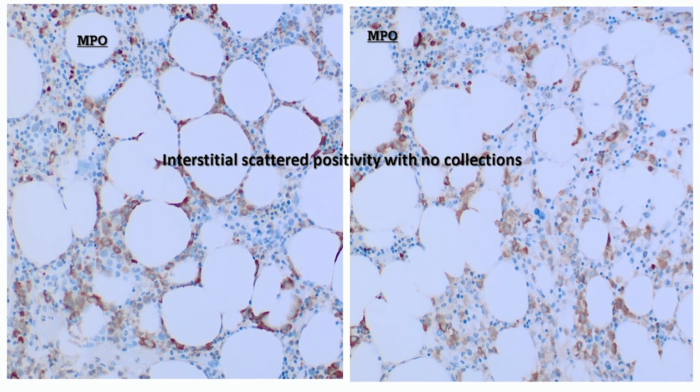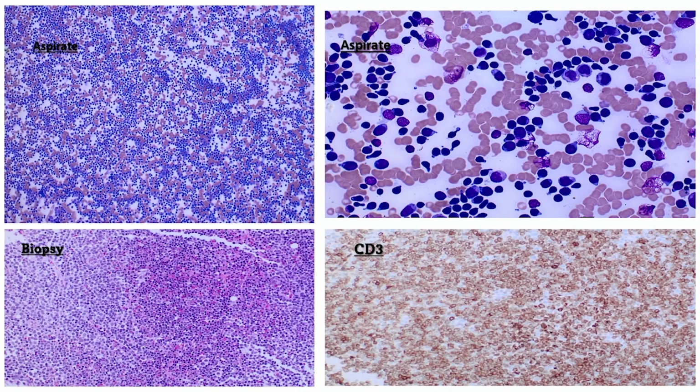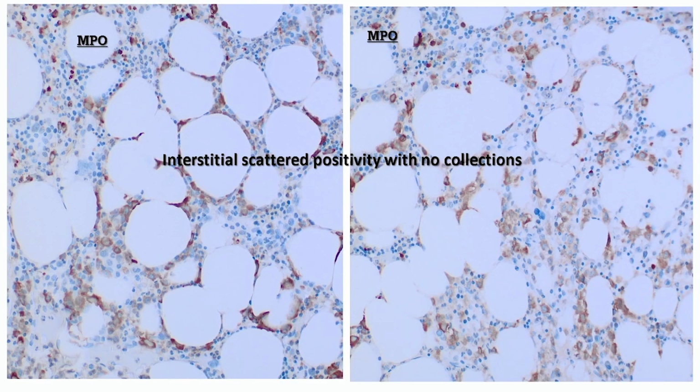So we added MPO on the section, and as you can see, it showed interstitial positivity, yet you see the infiltration of the blasts. It is fully infiltrated, and the CD3 is fully infiltrated. So for me, interstitial positivity of MPO is against true positivity, because this is residual myeloid.